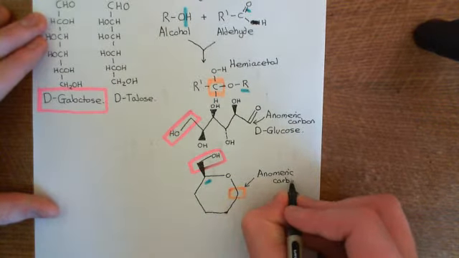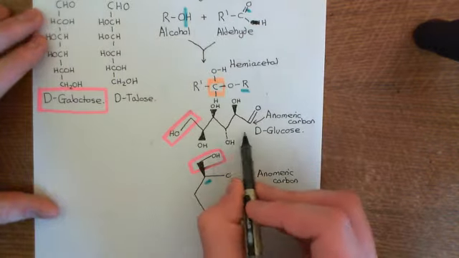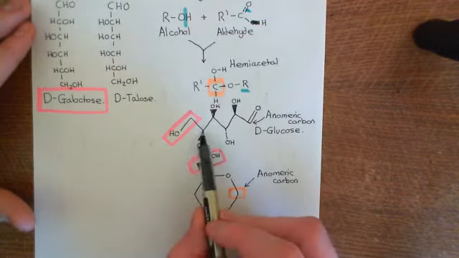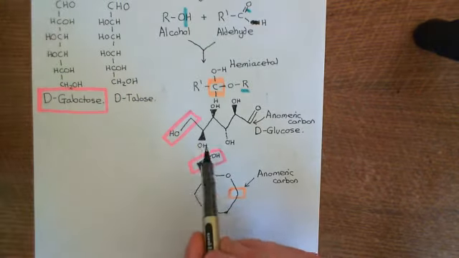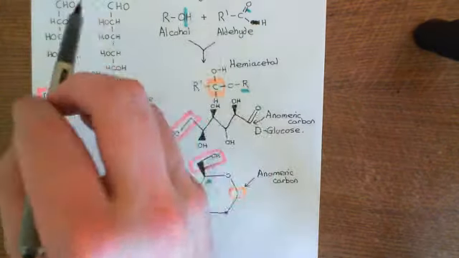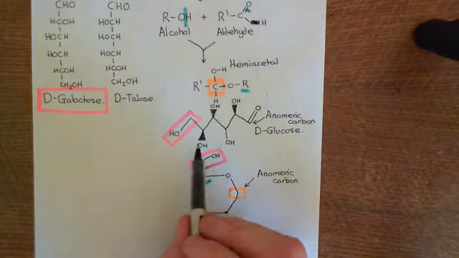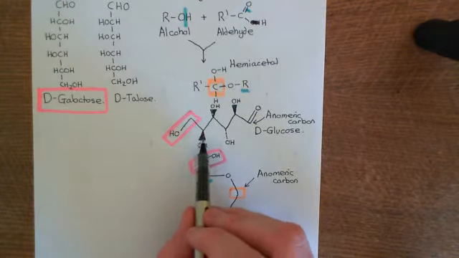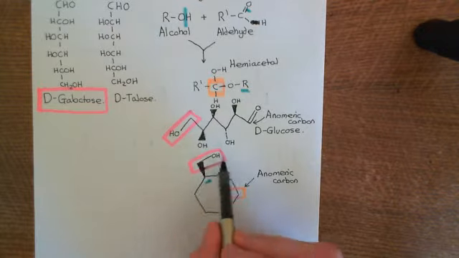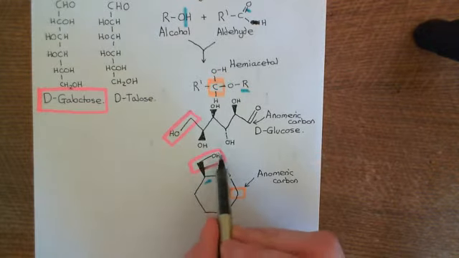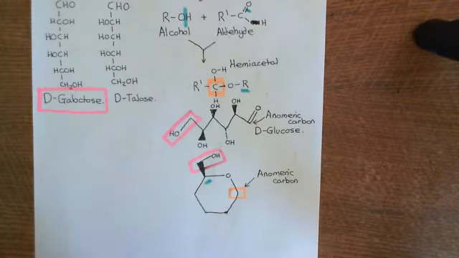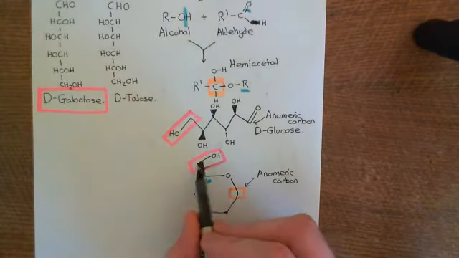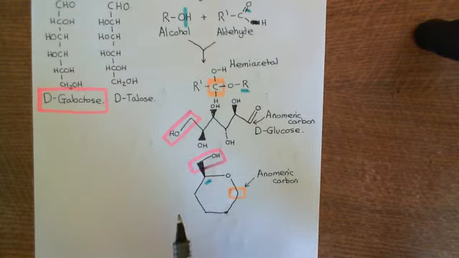Now, whenever you use D-glucose, where you have this alcohol group coming out of the page towards us, or in fact when you use D-anything, when you use any of these aldohexoses, which are the D isomer, and the alcohol group is coming out of the page towards us, then this final pink group here, the methylene group with the alcohol group coming off, will be coming out of the page towards you.